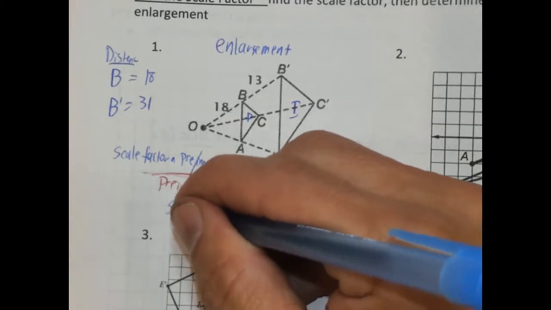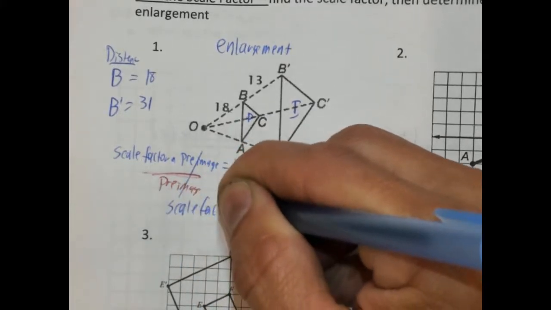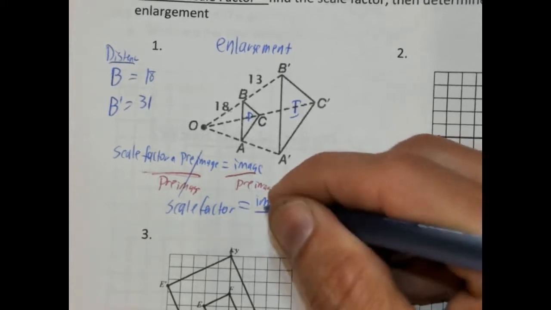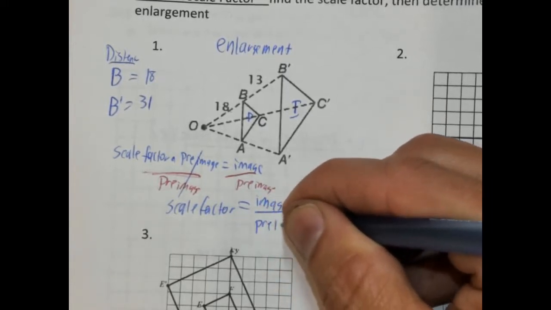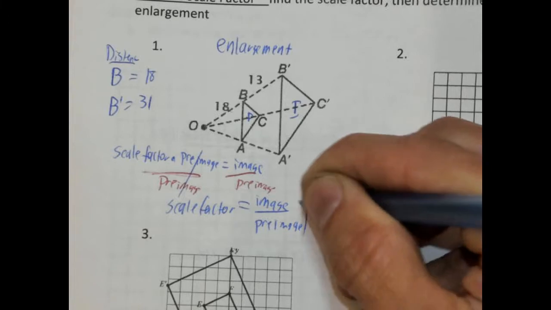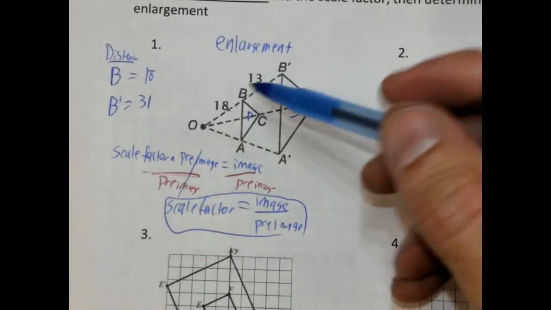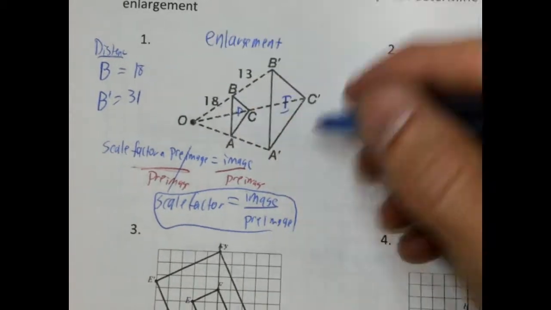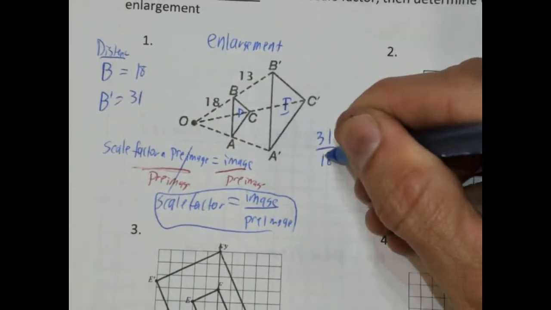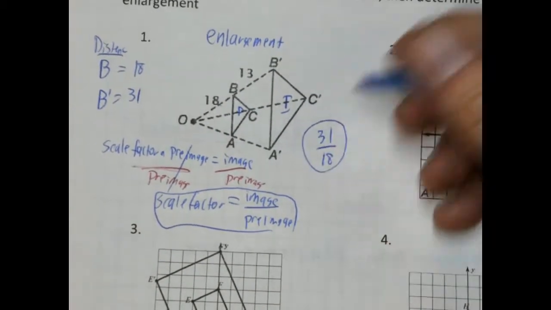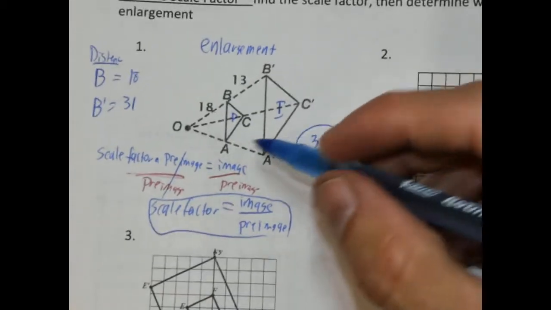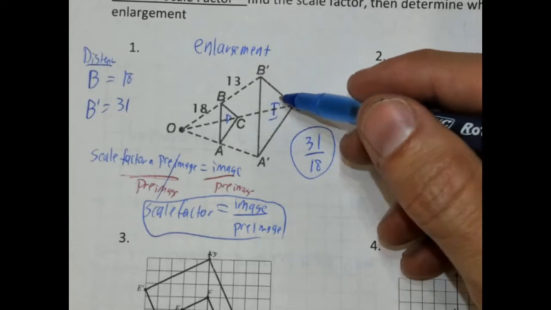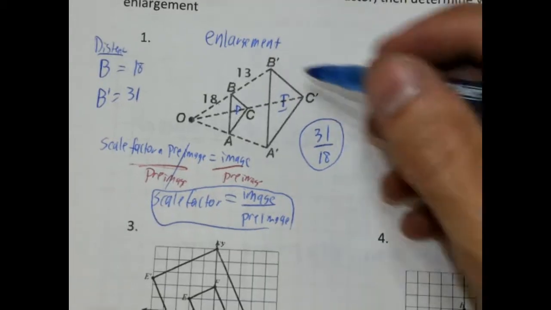And we're going to have scale factor equals the element of the image over the element of the pre-image. And this will make sense in a moment. So let's think about that. The pre-image is 18, the image is 31. So we can create a ratio here. We're going to have 31 over 18. And that would actually be our scale factor. If you were to multiply any of these elements by this, you're going to get the resulting image. Okay, and this is clearly larger than 1, so this is an enlargement.